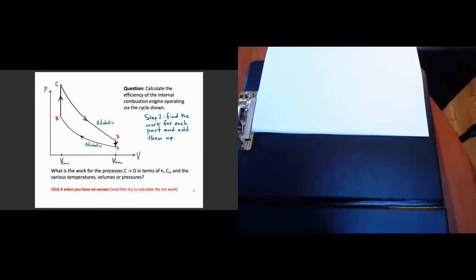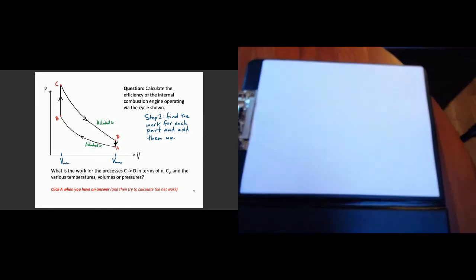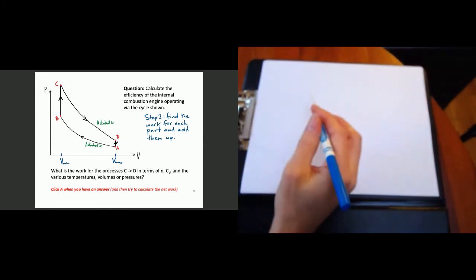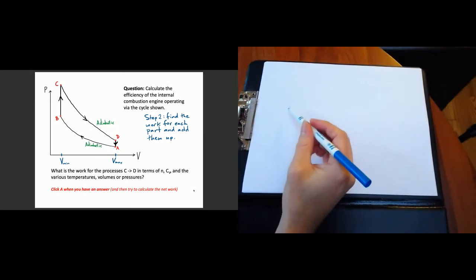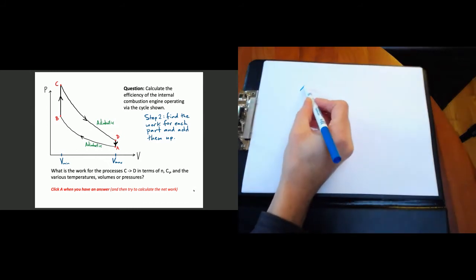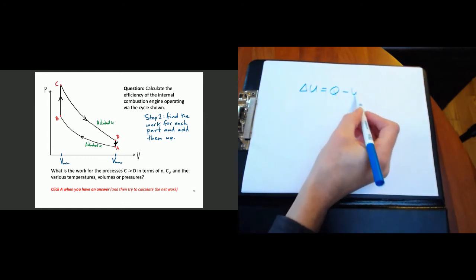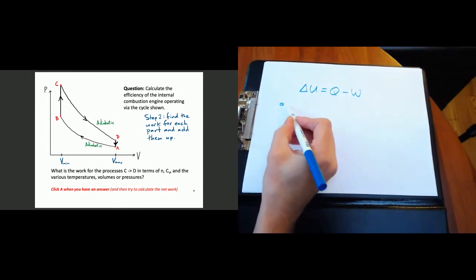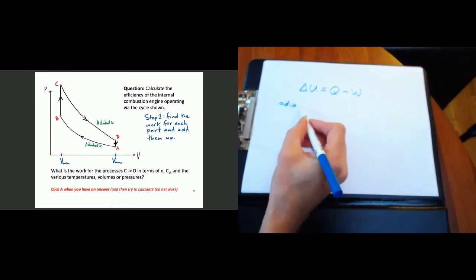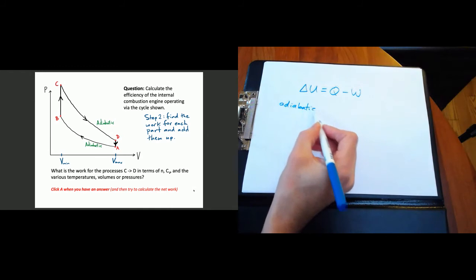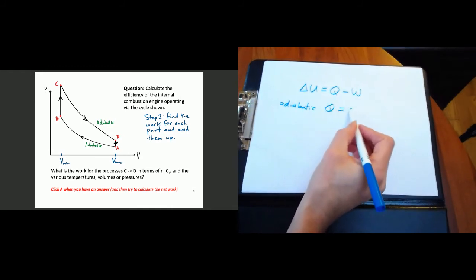Okay, so let's work it out. And the trick here is to remember that whenever we're stuck on something, if we don't have a formula for the thing we're trying to calculate, then it's always useful to refer back to the first law of thermodynamics. So we have that delta U equals Q minus W. And so for an adiabatic process, we have that Q is equal to 0.